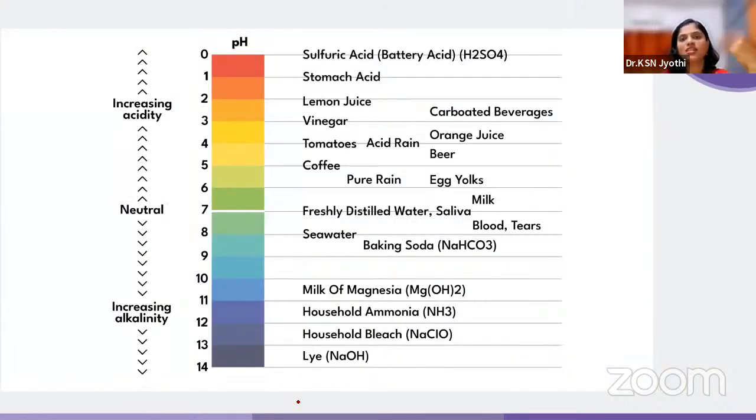If you look at some examples of solutions that we commonly come across and their pH range, sulfuric acid is highly acidic. Its pH is between 0 and 1. Now, surprisingly, our stomach works at a pH of 1 to 2. We have a lot of stomach enzymes like pepsin, trypsin, chymotrypsin.